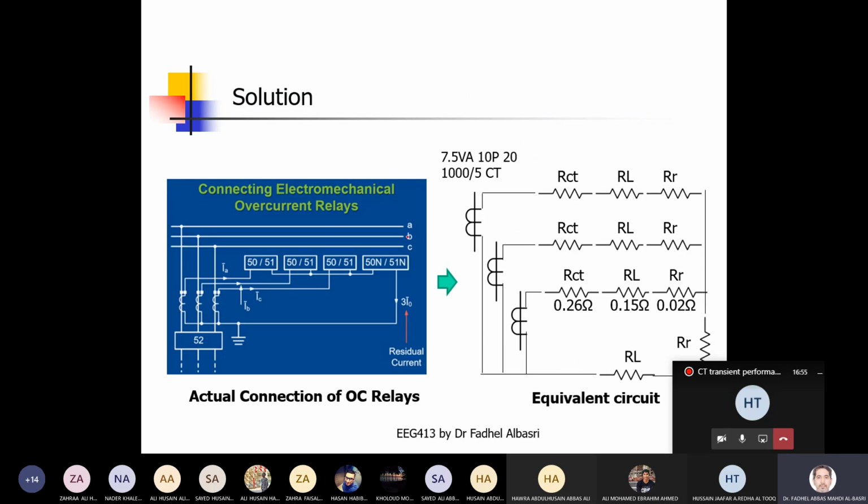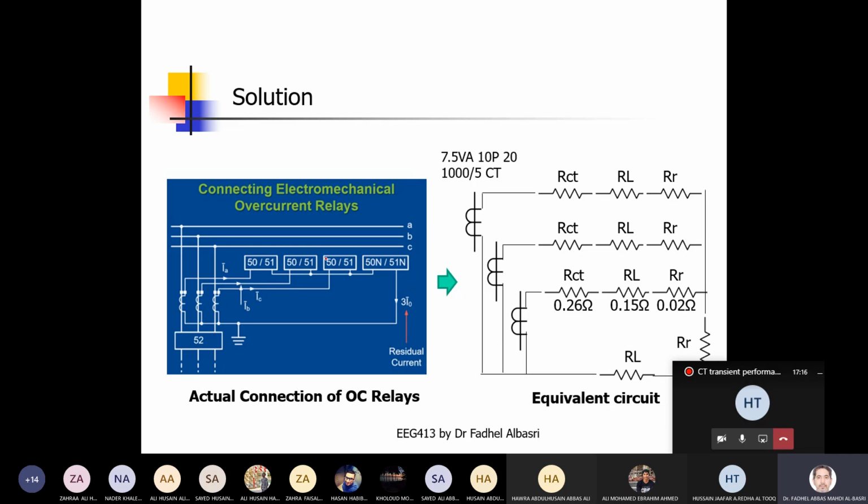So these are the three phases A, B, C, and this is the feeder, this is the bus bar, and this is the feeder that goes to maybe one load here. And this is the circuit breaker, and I would like to provide overcurrent protection by using relays.